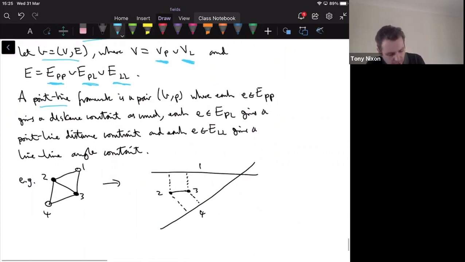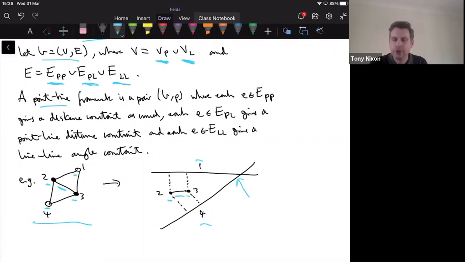So you could imagine a graph like this one where the partition of the vertices is into filled and unfilled circles. The filled circles are the points, so they just get realized as points, and the unfilled vertices are the lines, so they get realized as lines. In this picture, there's no edge between the two lines, so there's no angle constraint between the lines, but there is an edge between the two points, so there's a distance constraint between points, and the rest are point line distance constraints.